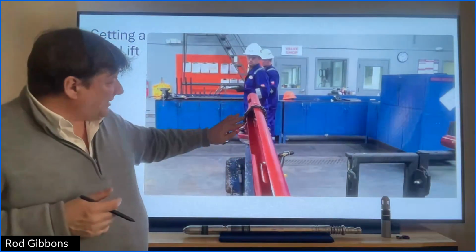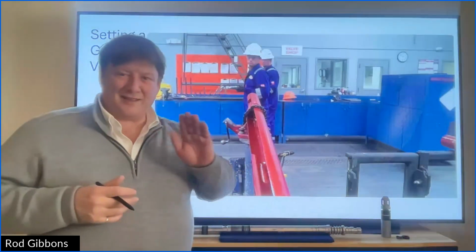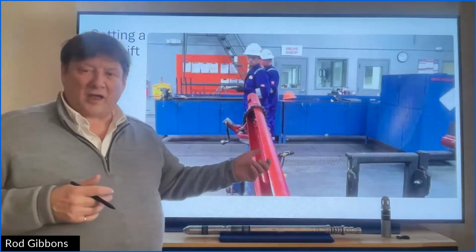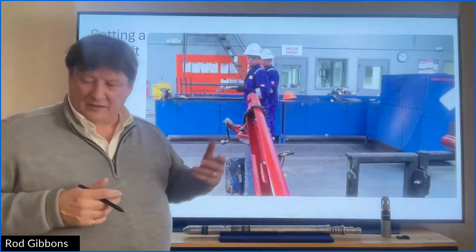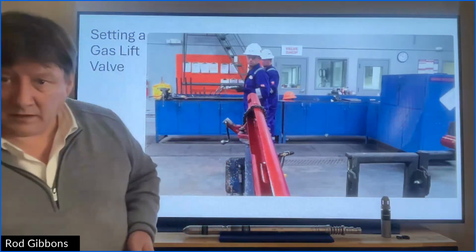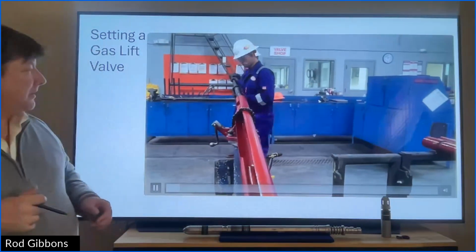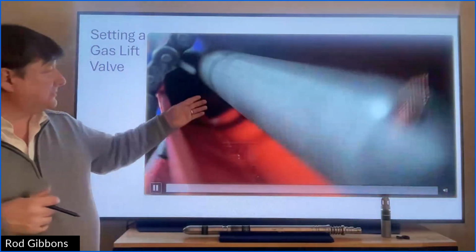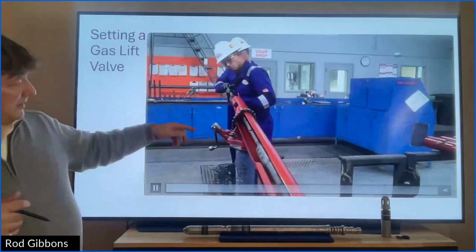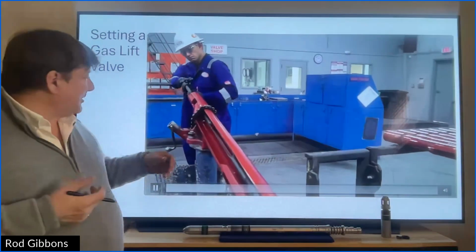What they've done is they've cut part of the pipe away so that we can see what's going on with the kickover tool and the gas lift valve. So I'll just run this video. These guys are running this tool in, so this is our kickover tool. Normally this would be run on slick line. These guys are doing it in the shop just by hand.